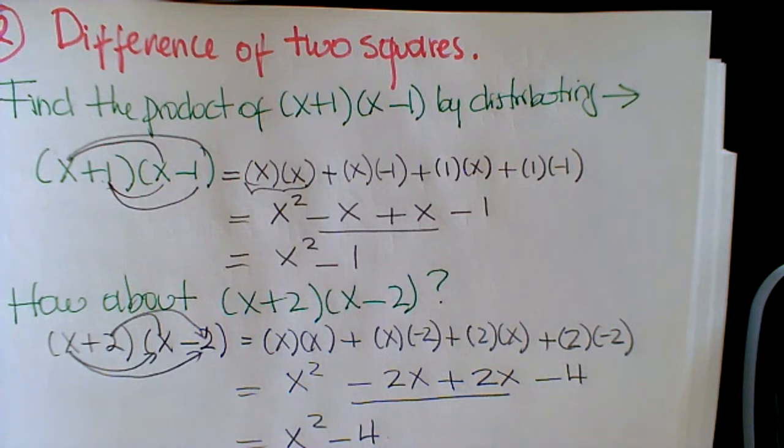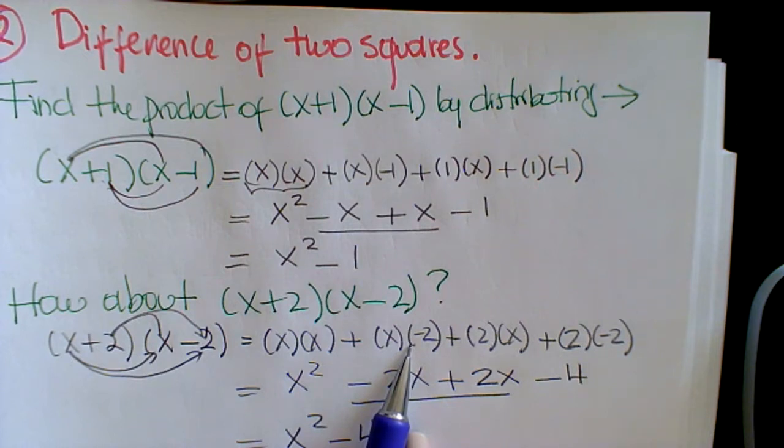What did you guys notice? Did you see that the middle term made a 0? You guys see that? And why did this happen? Because the multiplication with the middle terms turned out to be opposite.